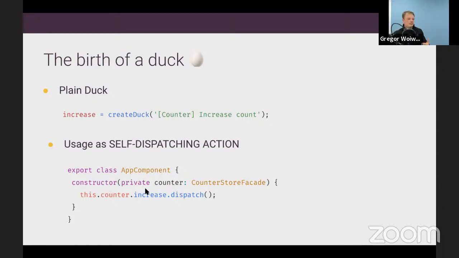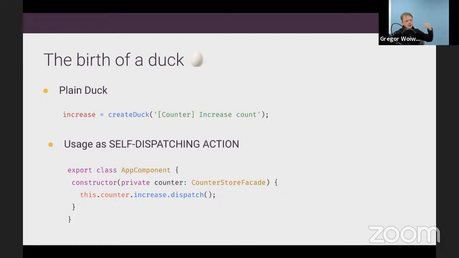This self-dispatching action also lives off this increase property, and you can just chain it with a dot, and then you will have this dispatch action, and this allows you to dispatch the action. And this is what I meant with discoverability.